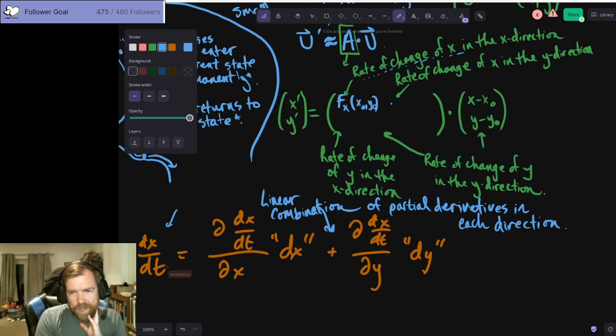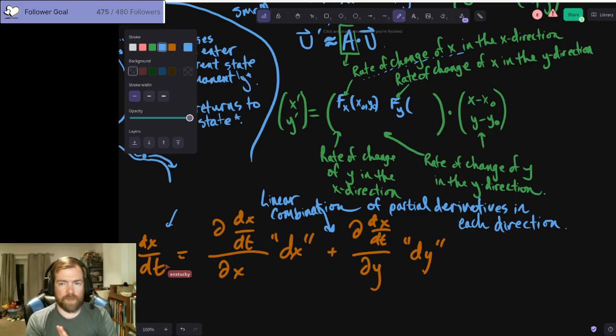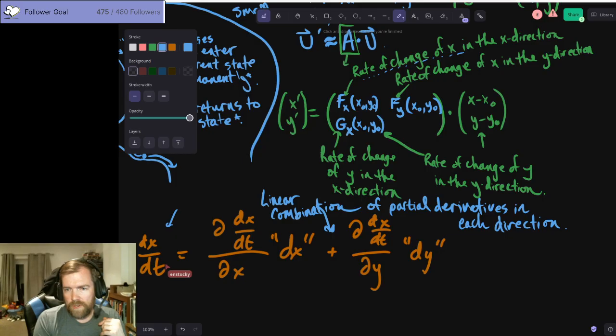Okay, so we want the linear combination of our f partial with respect to x and the f partial with respect to y at our particular location x0, y0, to tell us what the total overall change is going to be approximated as for each x and y in that vector. So if we do what you wrote down below, it should look like this.